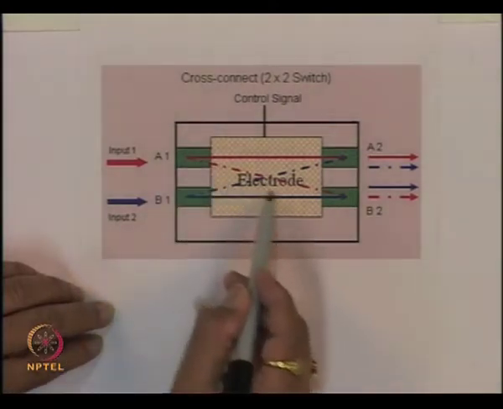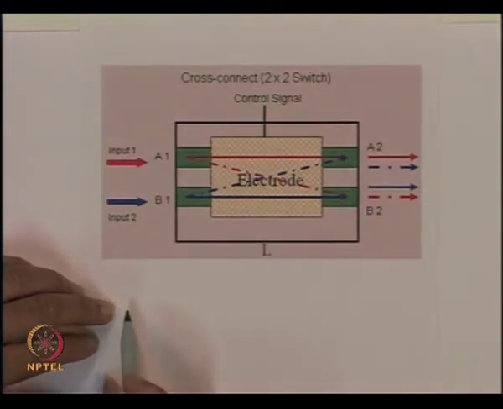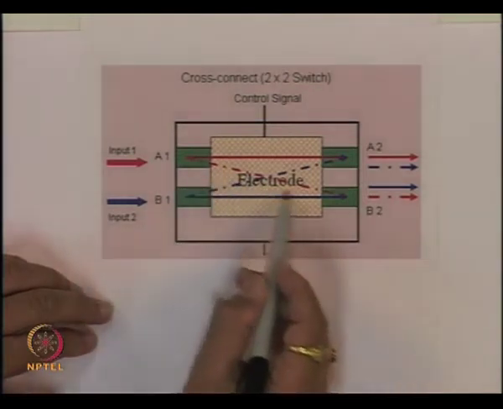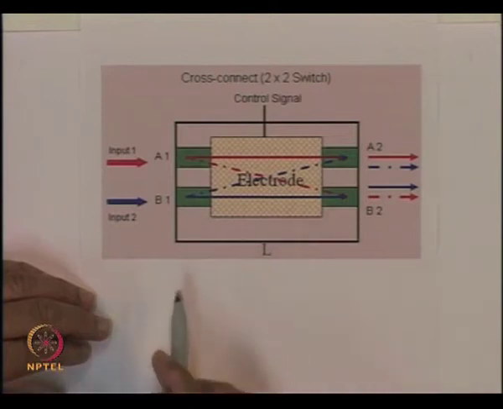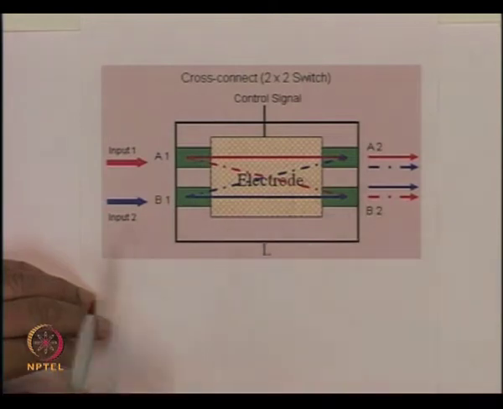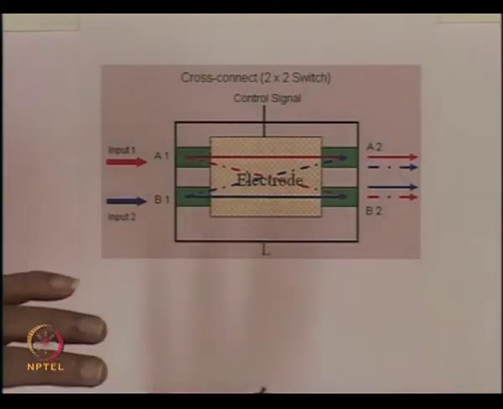Then when this signal gets connected to this, this signal will get connected to this. So, in one of the states of the control signal, you have a cross connect created like that. In another state, when this gets connected to this, at that time this will also get connected to this. So, essentially what we have done is we have created a cross connect, which is a 2x2 switch with two states. One is called a bar state and the other one is called a cross state.